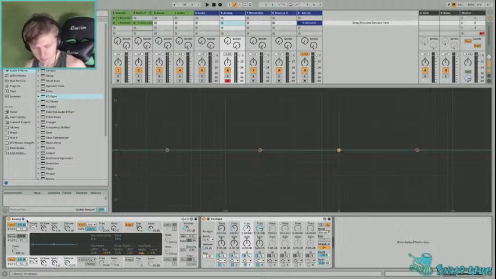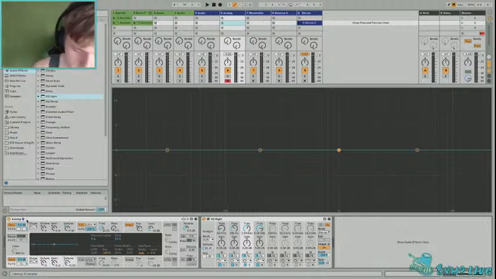So that means there are 1,200 cents between every octave. So good to know, and you'll encounter cents a lot more as you go through and synthesize things.